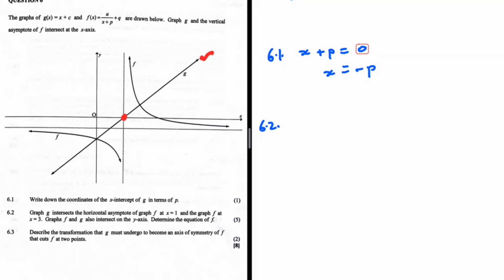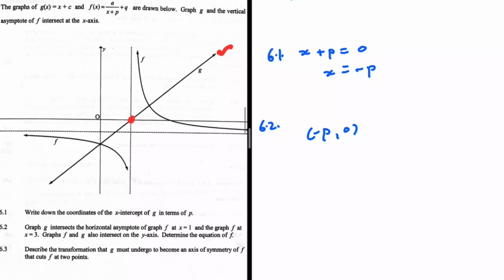So let us start. First things first, let's use what we got in 6.1. We know that the coordinate where I've placed the dot is minus p and 0, because it's the x-intercept, so y equals 0. So let's substitute it into g of x.